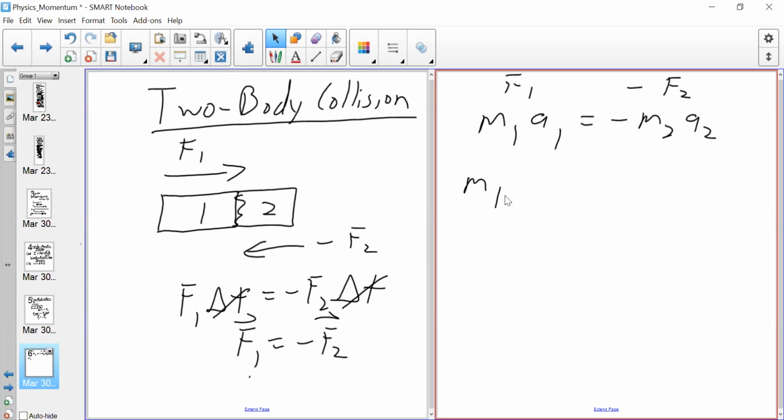Mass 1, acceleration is change in velocity over change in time, right? And this is going to be mass 2, delta V2 over delta T. Again, these impact times are the same, so we can just eliminate those. Right? So far, so good.